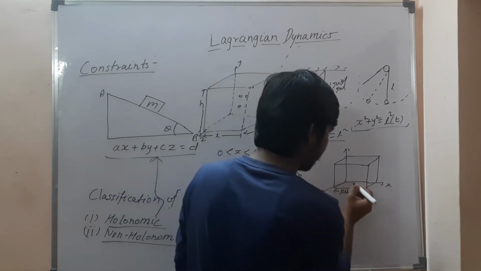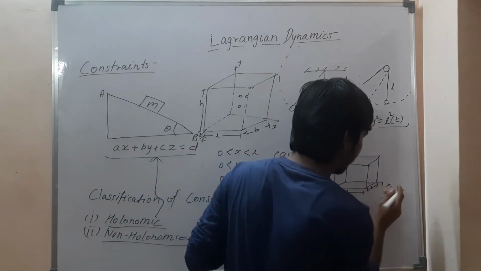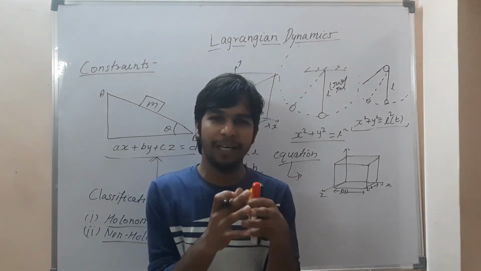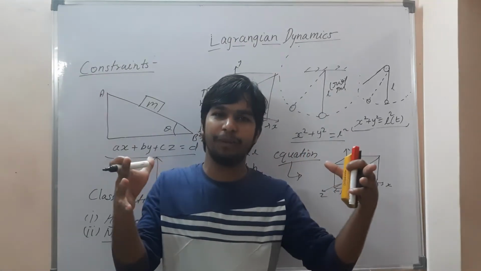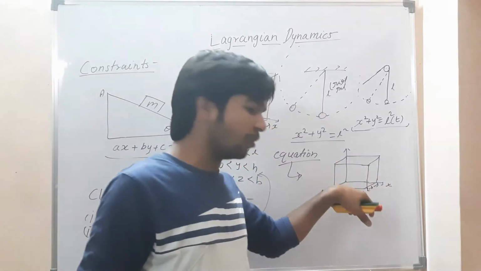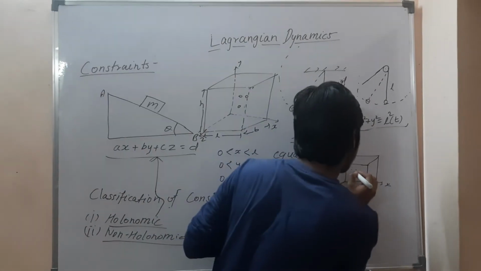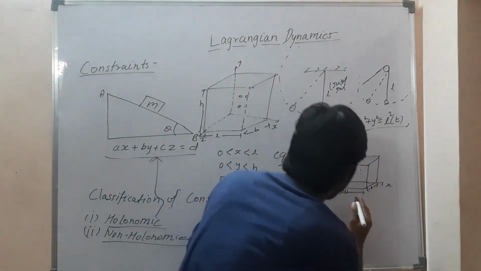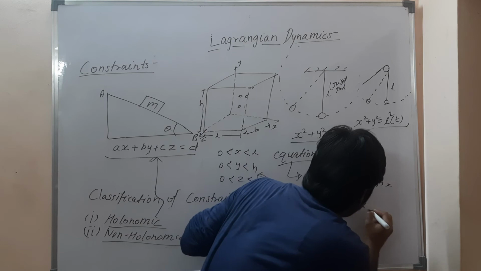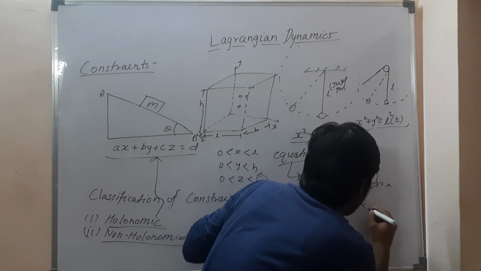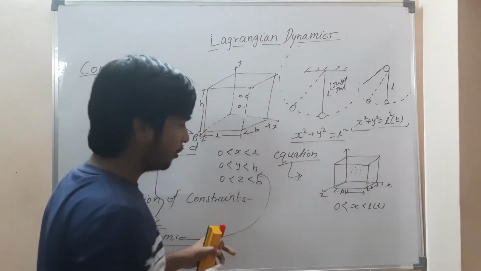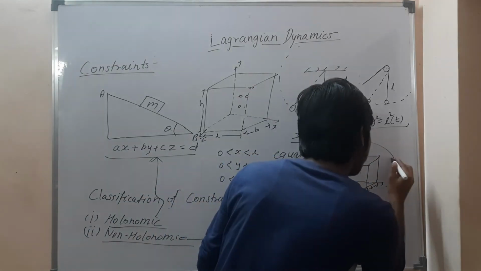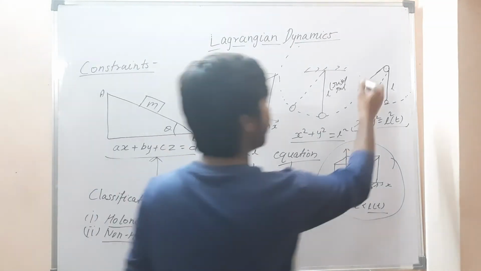Similarly, B can also be increasing. So the box I have made is getting bigger according to time, so this is also dependent on time. If I want to show the position of a particle, or the constraint on a particle, I can write x as L, but L(t) I have to write, because L is a function of t. According to t, L is changing. So this type of example depends on time.